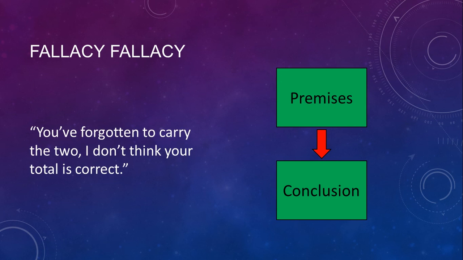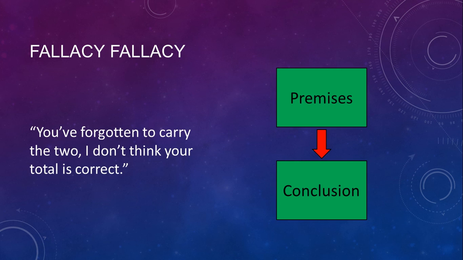How about, you've forgotten to carry the 2. I don't think your total is correct. Is that a fallacy or a very reasonable thing to say? Yep. That seems right. Yeah. So if that premise is true, look, you forgot to carry the 2.